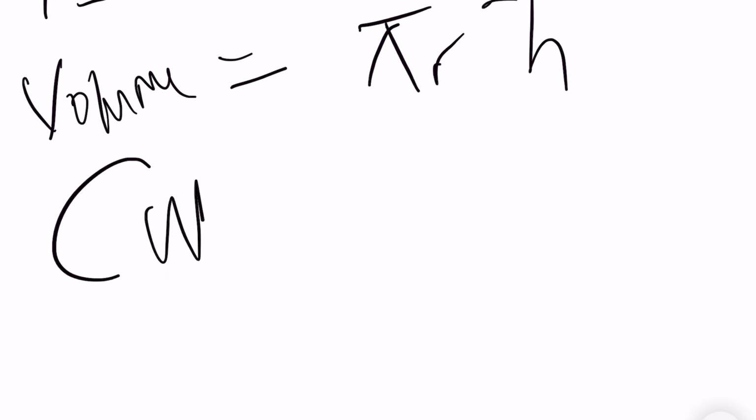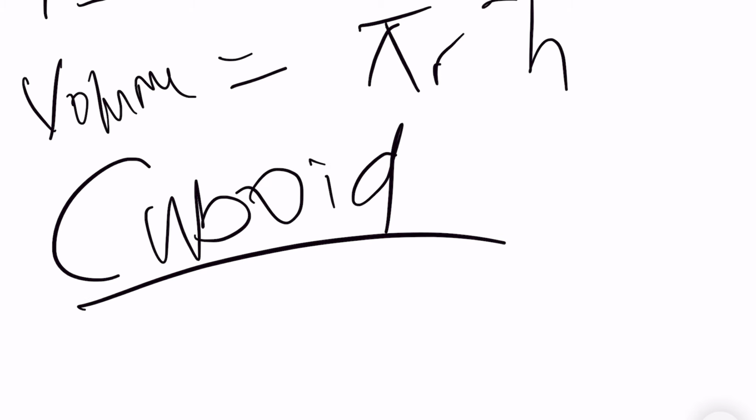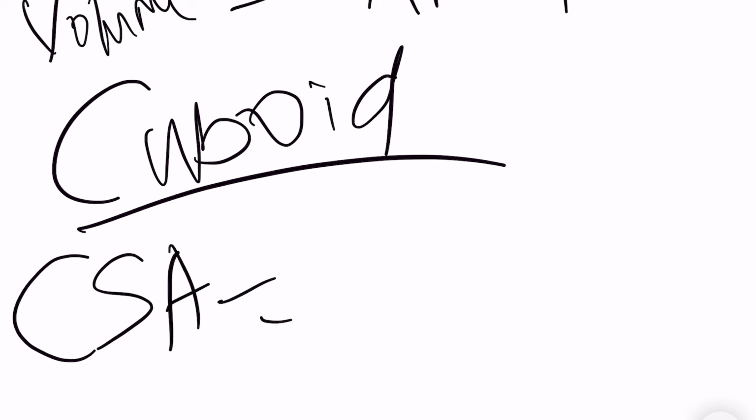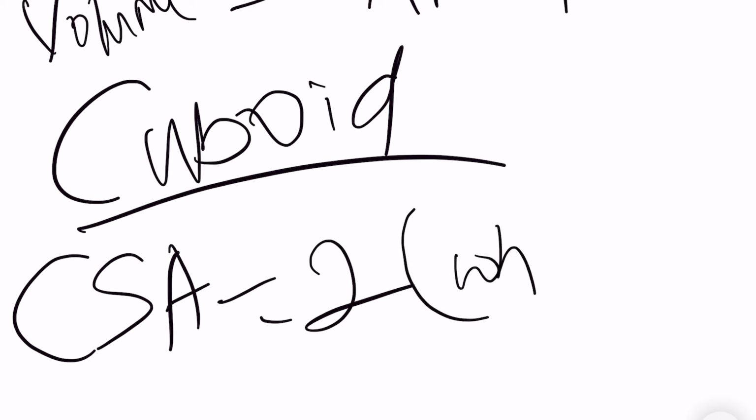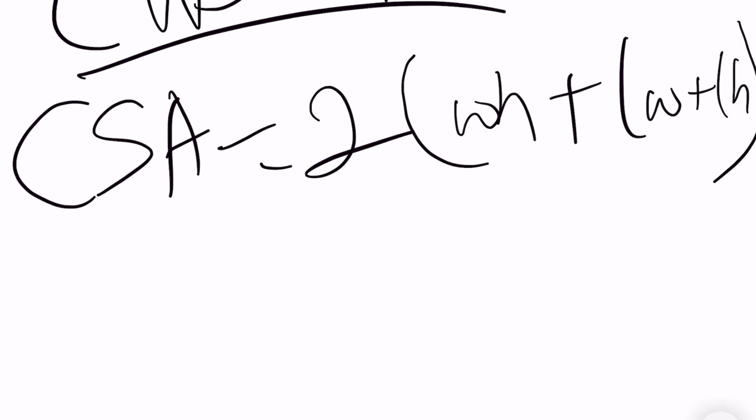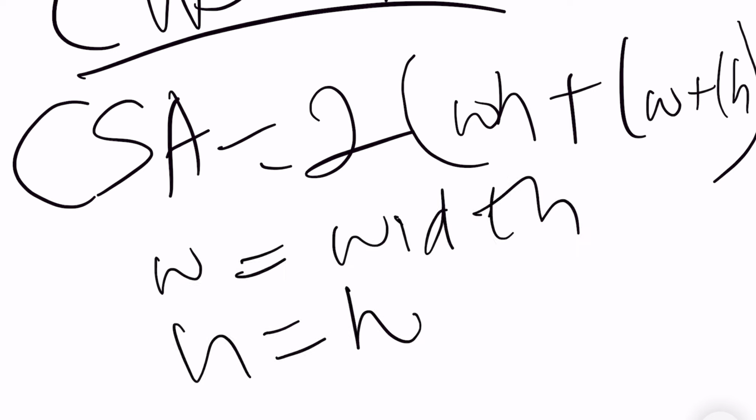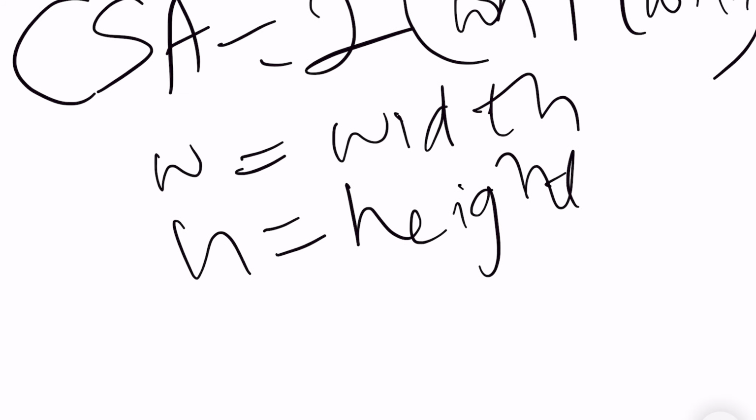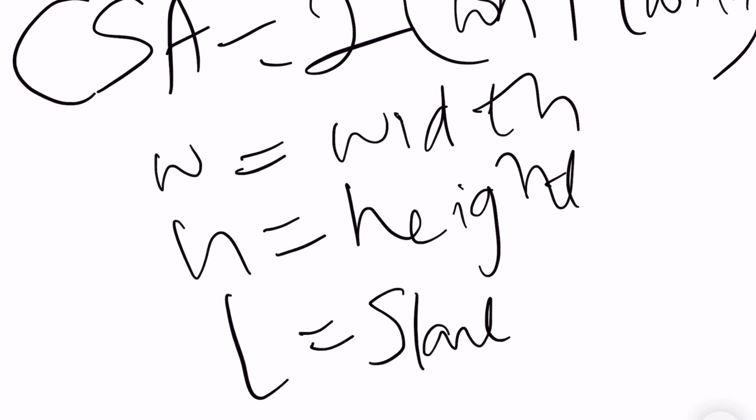Then for the cuboid, the curved surface area or complete surface area is 2 into bracket WH plus LW plus LH, where W is the width, H is the height, and L is the slant height.